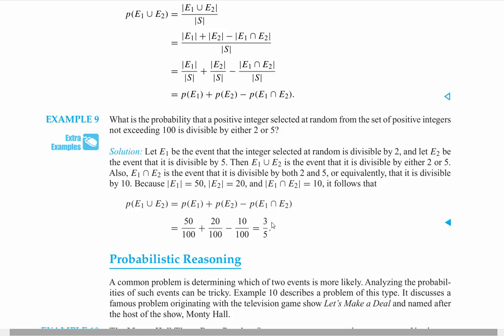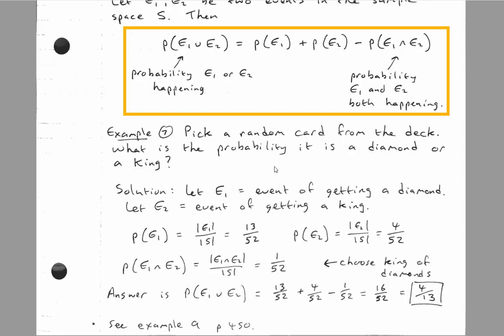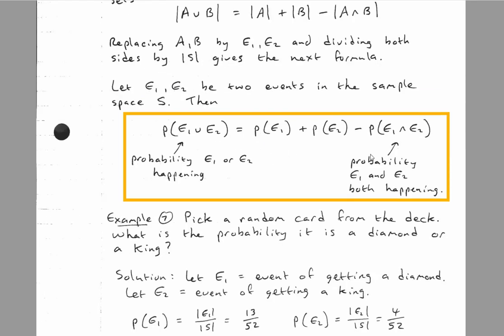Cancel 20, it's 3 over 5. So there's a 3 over 5 probability that a random number from the first 100 is divisible by either 2 or 5. 60% chance. Okay, so that's another application of this formula.